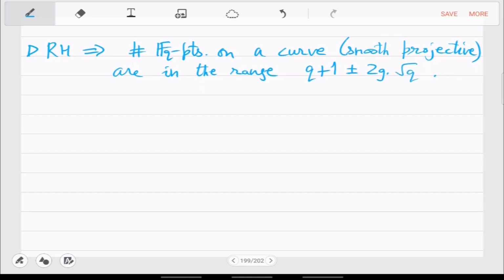So this is the simple elegant expression we get. It's as much as the line with error of square root and genus. So this is the fundamental result we want to show.